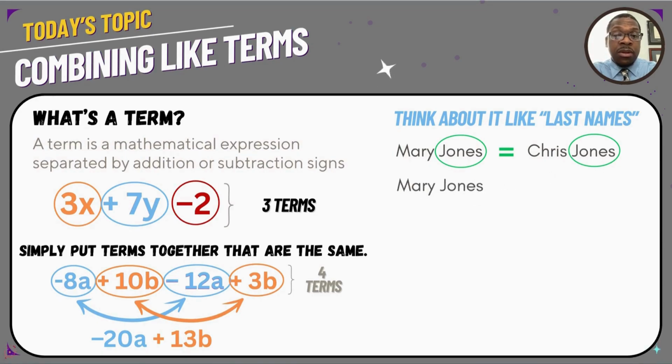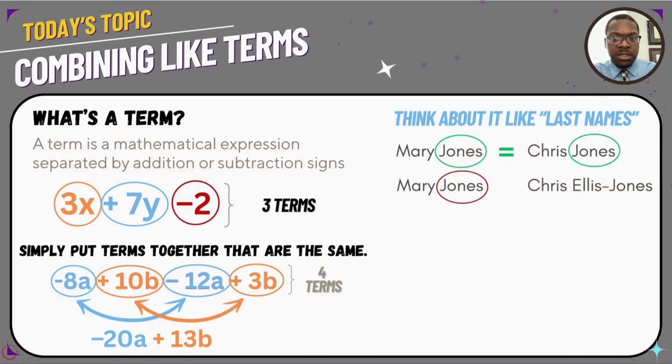Now, what if we had Mary Jones and we had Chris Ellis Jones? Even though we can both look and see that there's a Jones in both of their last names, we cannot absolutely assume that they're from the same family because their last names don't match identically. We need it to match precisely.